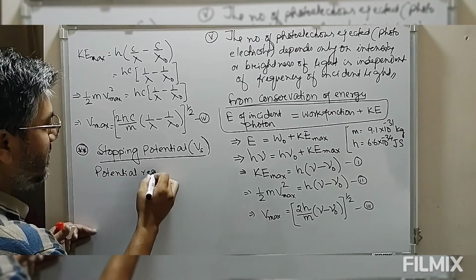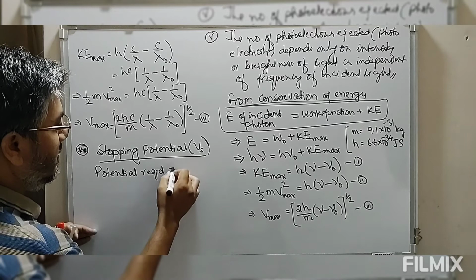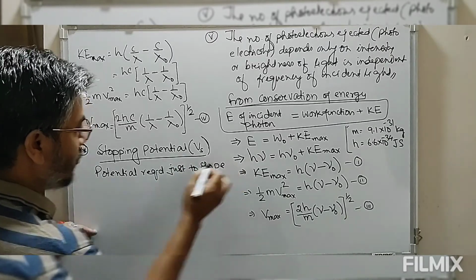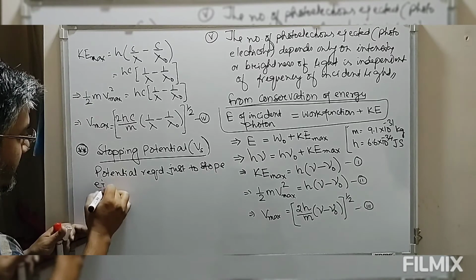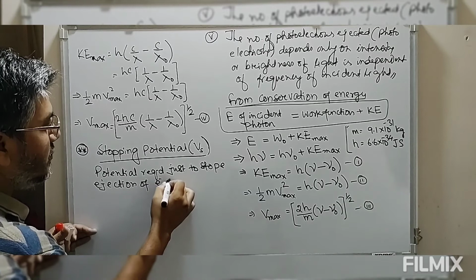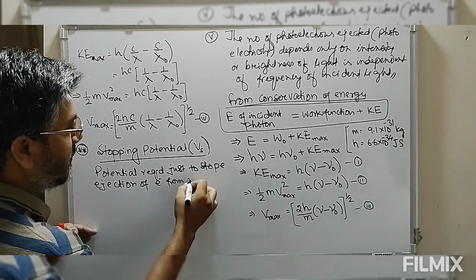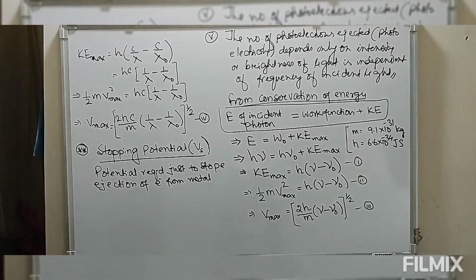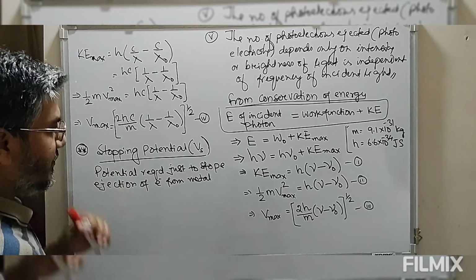Stopping potential is the potential required just to stop ejection of electrons from the metal, or we say the potential required to stop the photoelectric effect from the surface of the metal.